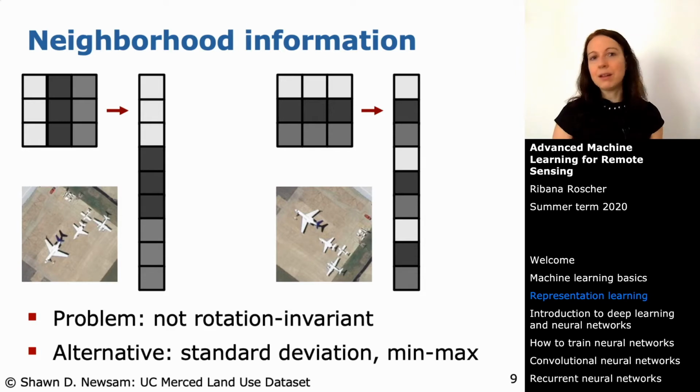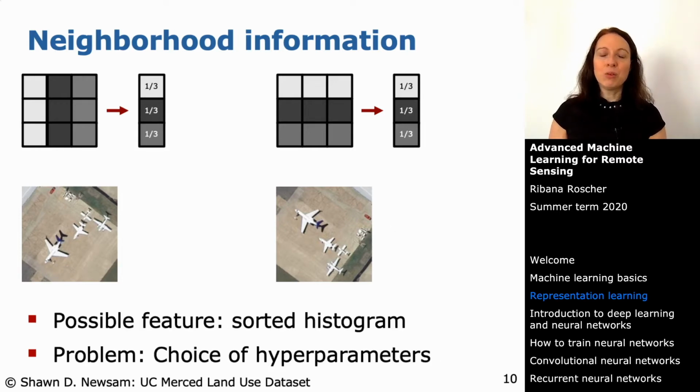So independently of how you rotate it, it will give you the same values. But of course, you will lose a lot of information if you only use the standard deviation. This is one number. Maybe for gray values, if you have RGB, you have 3 numbers, but you lose a lot of information.